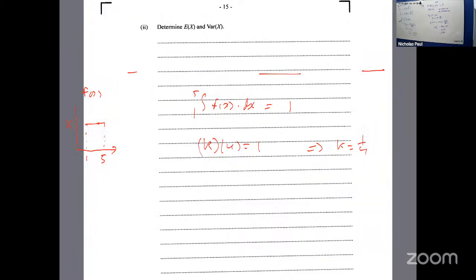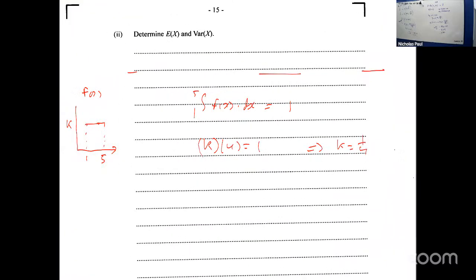Next, they want you to find e of x and variance of x. Right? Find that quick. Tell me what you get. Same thing.